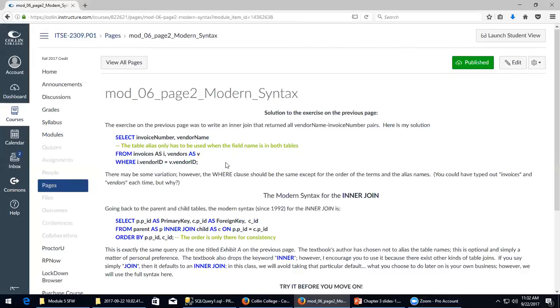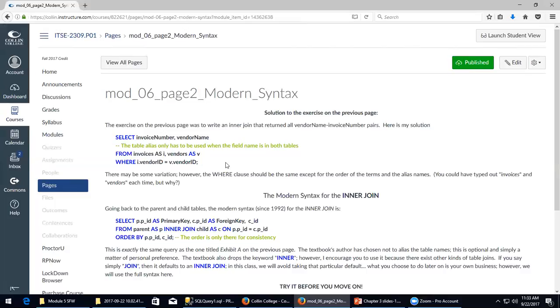Notice that I aliased it as V and I. It's only aliased in this select statement. It just keeps me from having to type it again. Questions? Follow the primary key to the foreign key. There is no particular order to which one you do first.